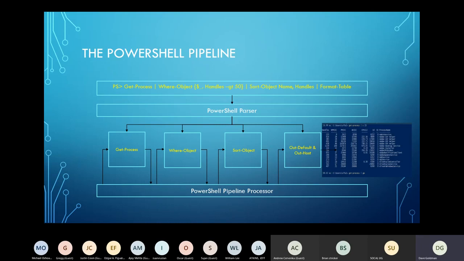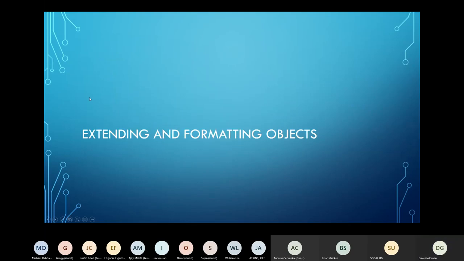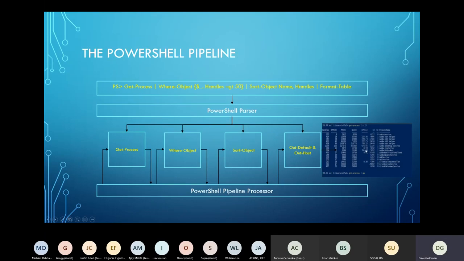The engine is where we do the lookups to see if there are any views associated with that particular object. In this case, we have a process, and I'll end up showing you that in a little bit. Once we have formatted whatever data we're going to send out to the console, that data will be given to Out-Host, and that'll go to the console, and that'll be the display that you will see.